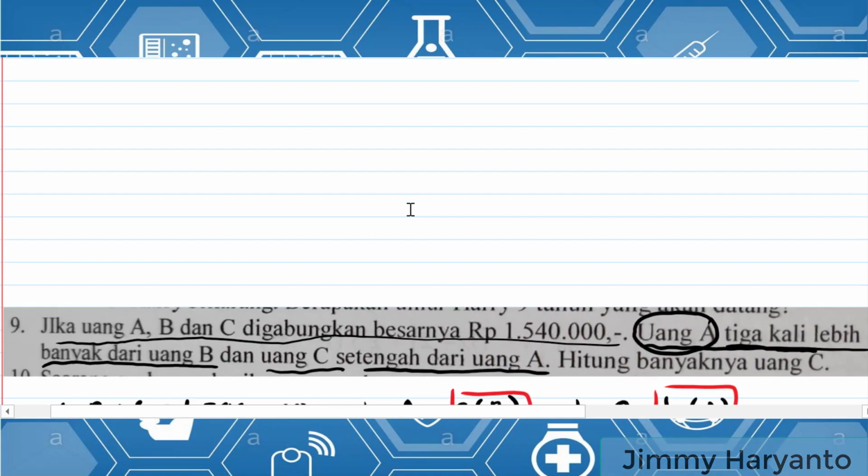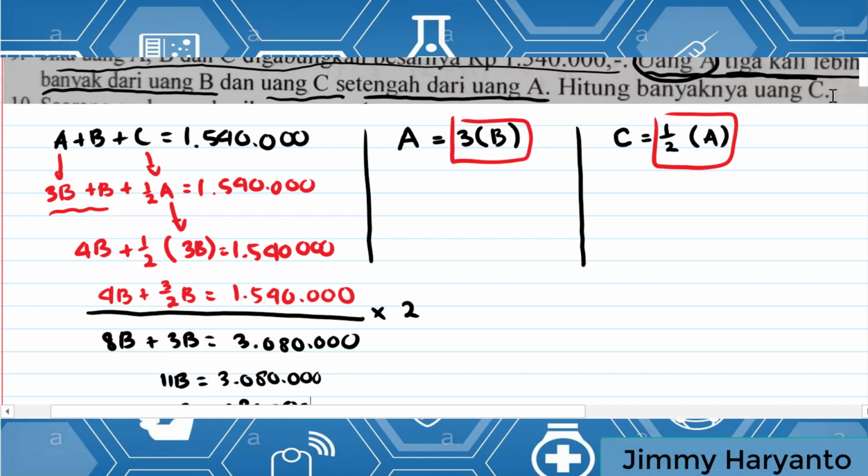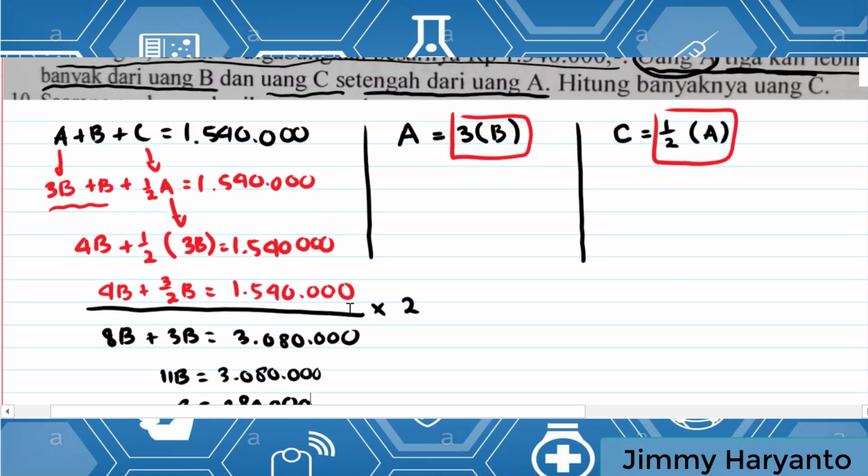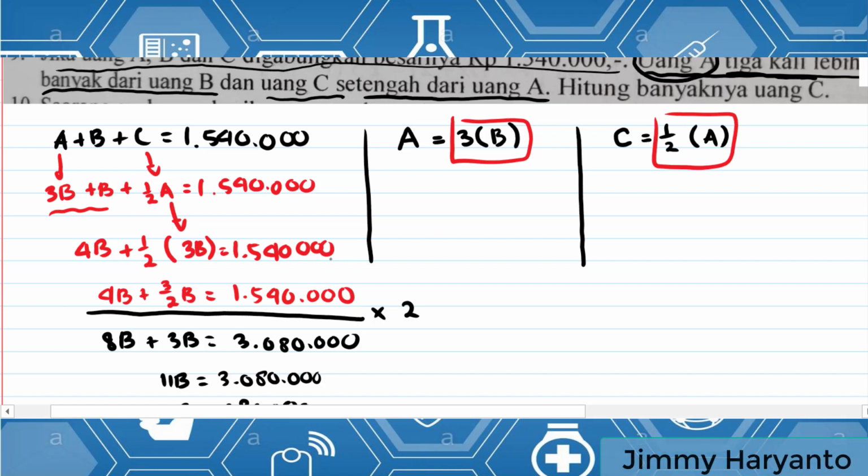280.000. The question is the money of C. Yeah, so we have to find C. First we have B, 280.000. We can put the 280.000 into right here, so I will get A, 3 times 280.000.